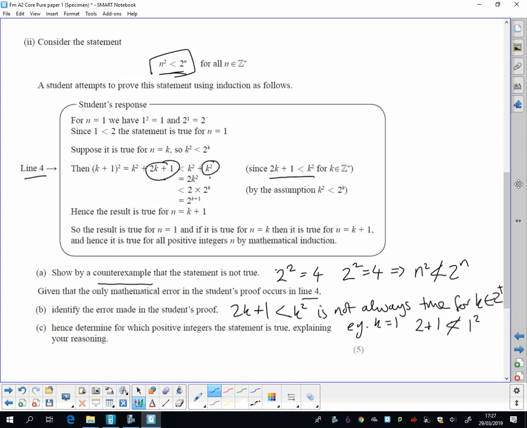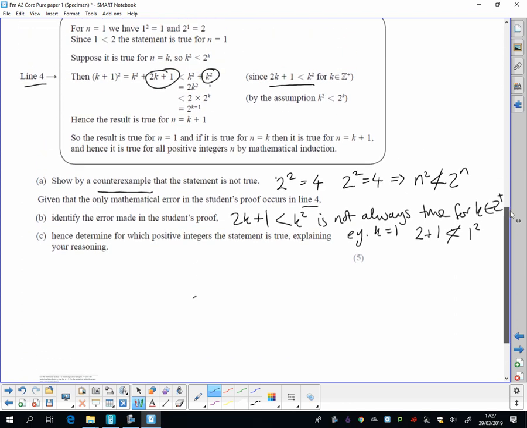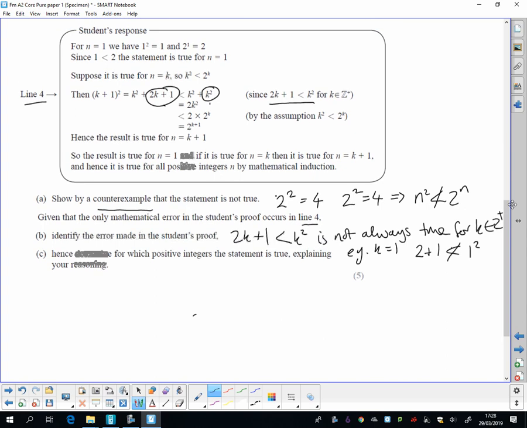Okay, so here is our original statement. So we want to know when is this true? Well, there's several things we can look at here. So here's the student answer, and they said the only error was this one, and we've now identified the error. So when is 2k + 1 less than k²?